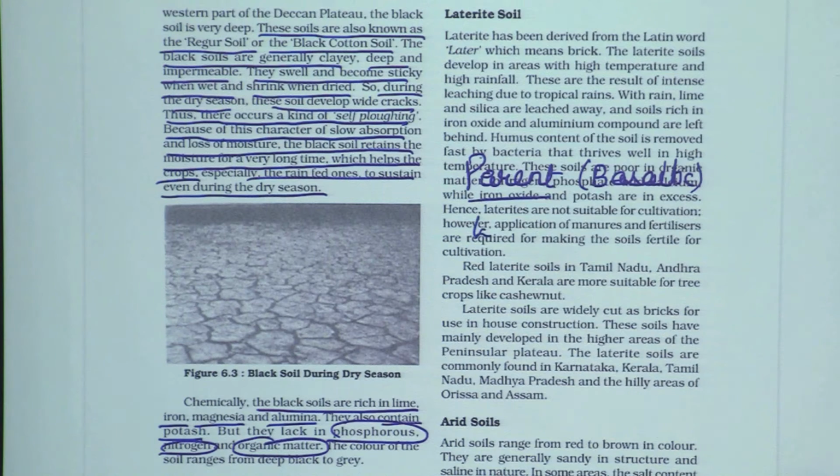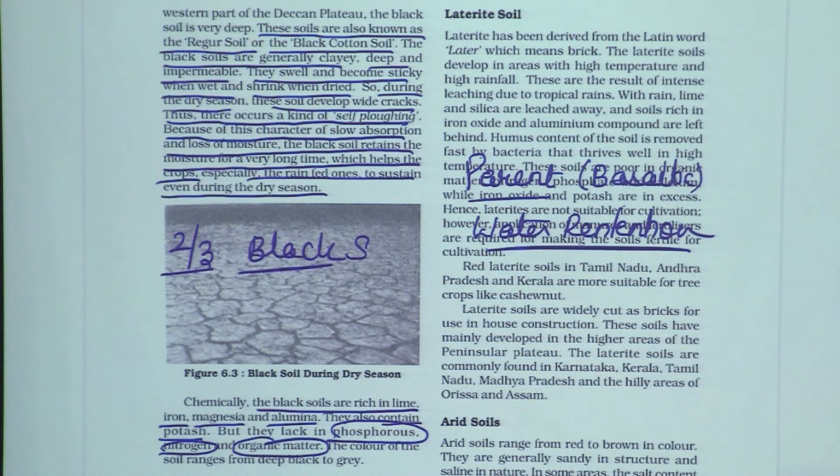However, it has water retention capacity. So, because of its water retention capacity, we can cultivate a wide variety of rain-fed crops. However, because more than two-thirds of the black soil is devoted to the cultivation of cotton, we call Regur soil the black soil, essentially the example of cotton soil. Worldwide it is actually, it's not just in India.